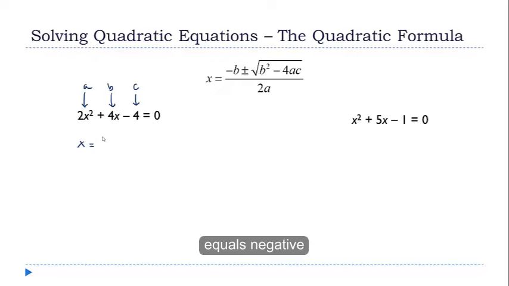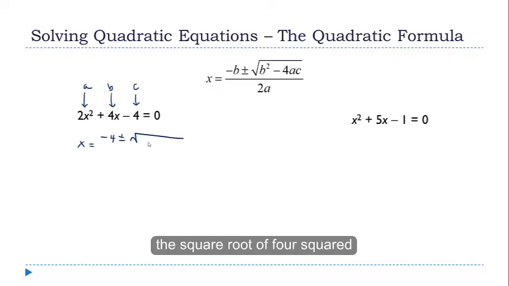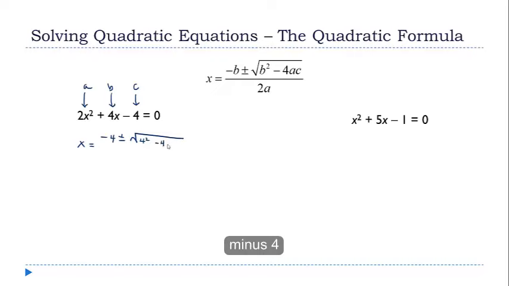equals negative 4 plus or minus the square root of 4 squared minus 4 times 2 times negative 4 divided by 2 times 2.